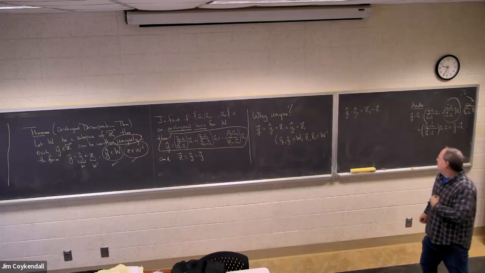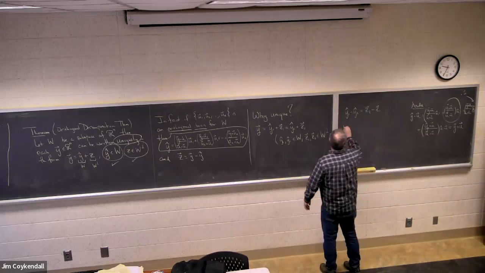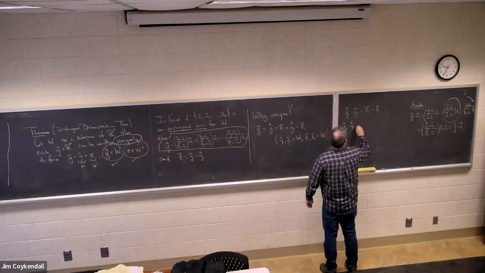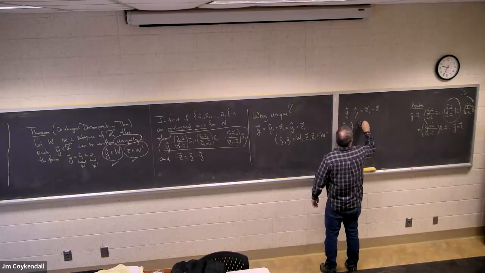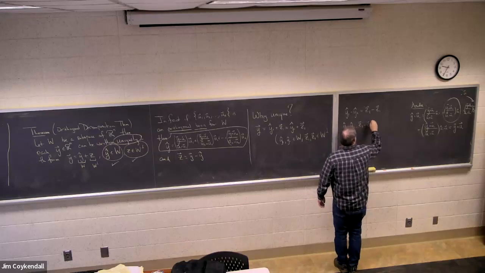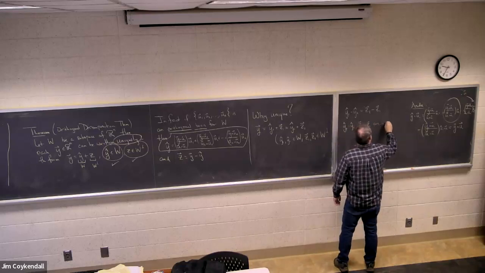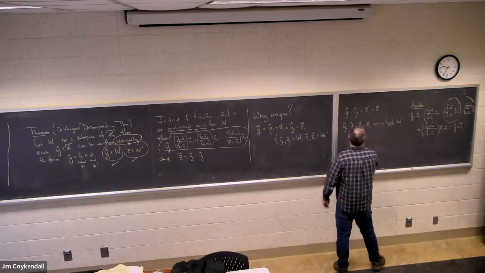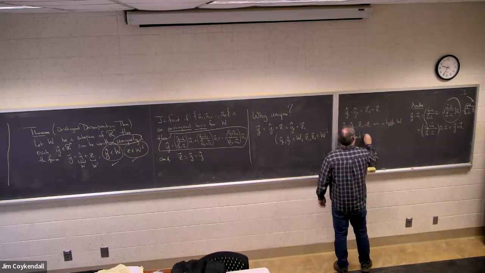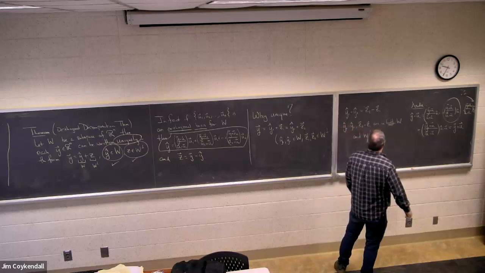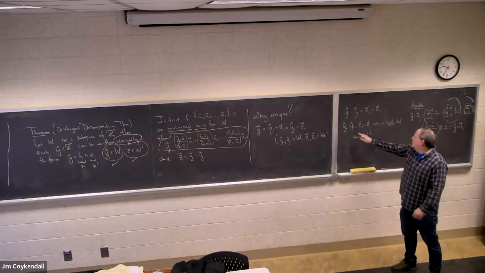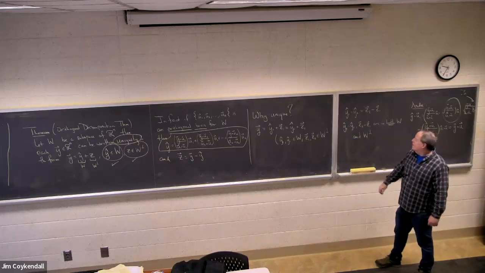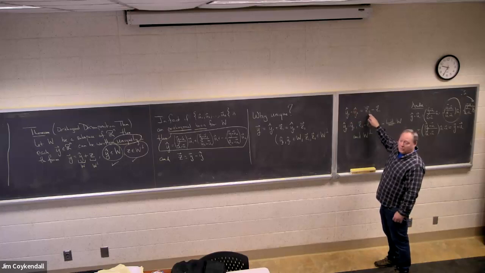So this means that these two vectors live in both W and W perp. Why? Because they're equal, right?